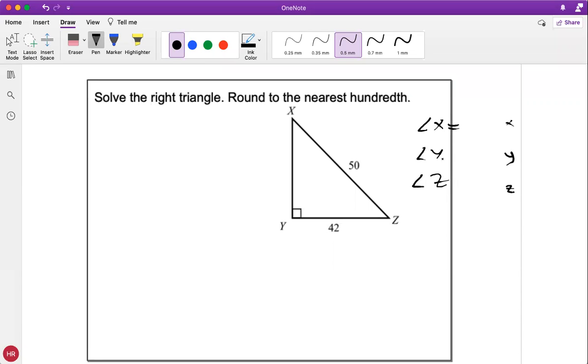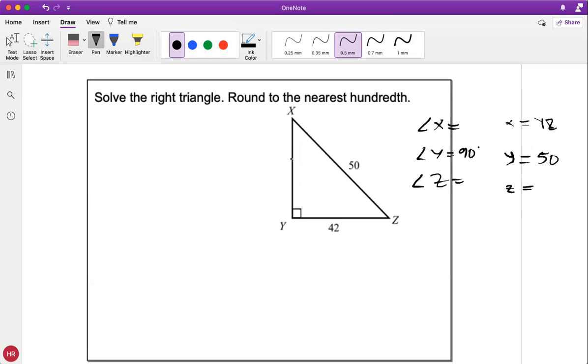Angle X I'm not given, angle Y I'm given as 90 degrees, and angle Z I'm also not given. Side X would be 42, but it's across from angle X. Side Y is across from angle Y, so that would be 50, and side Z I'm not given. So I can find side Z first if I want.